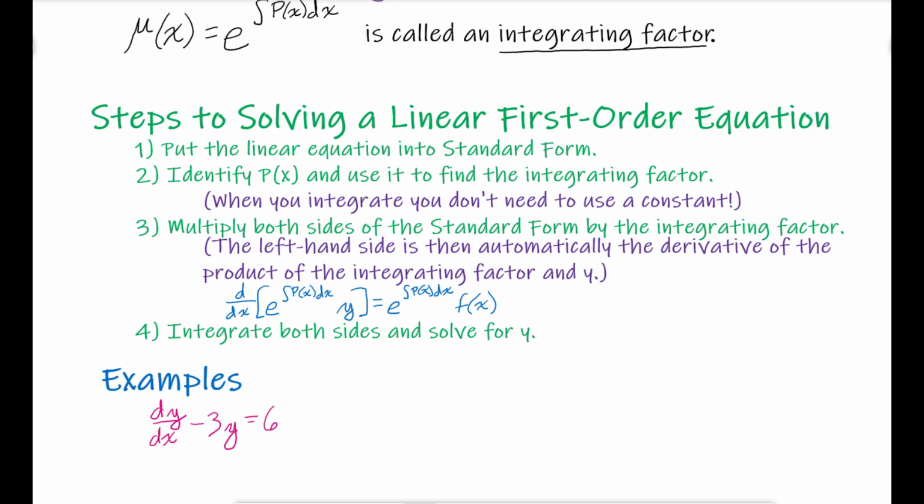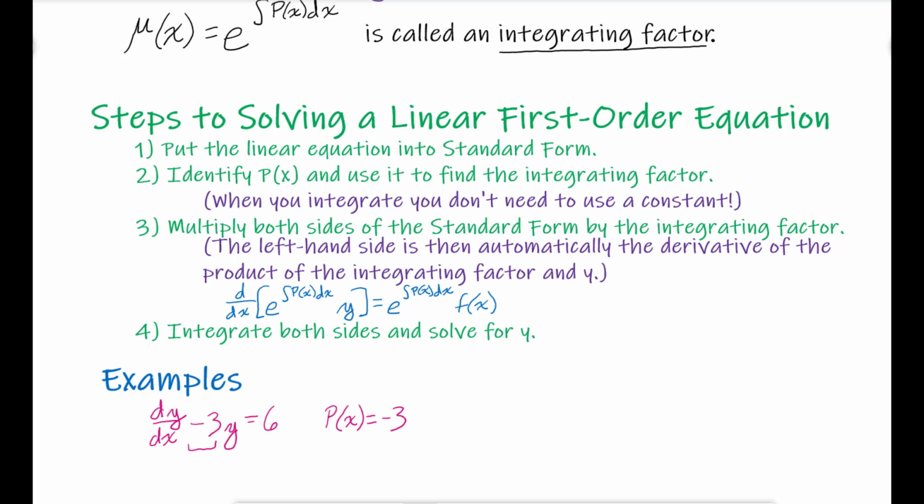Now remember, p of x is the coefficient on y. So our p of x value is going to be -3, because this would be plus p of x y. So we have p of x equals -3. So we've identified p of x, so the next thing is to use it to find the integrating factor.